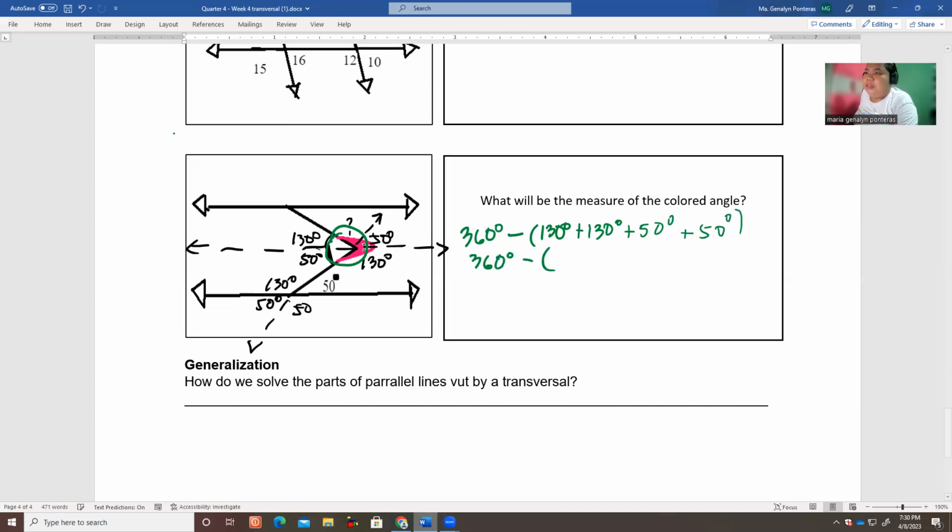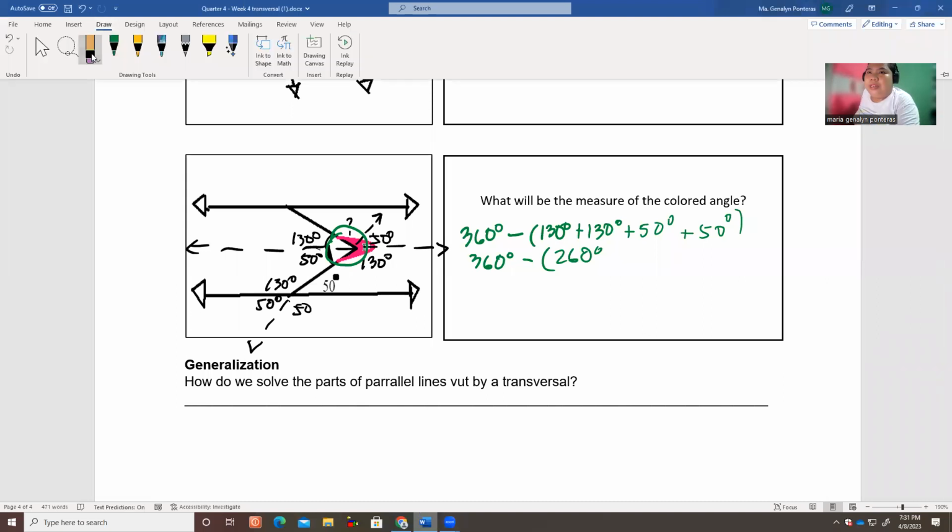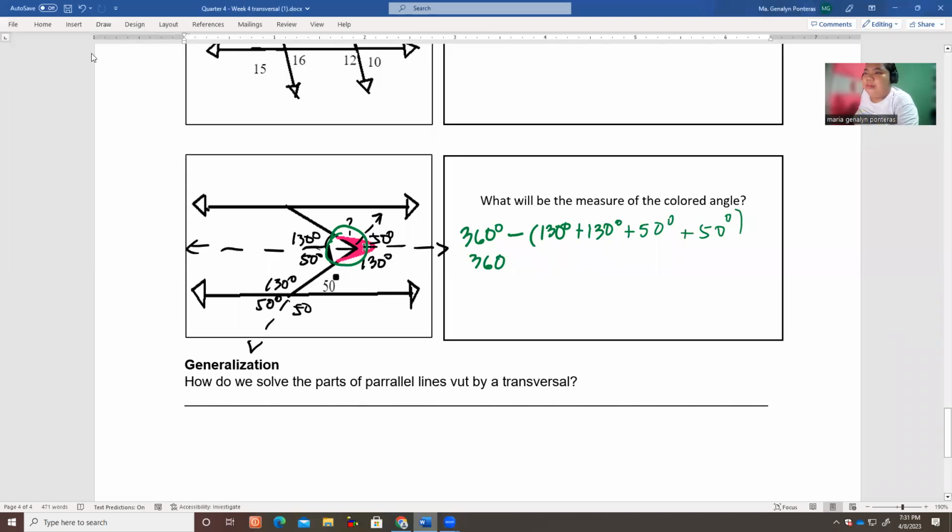360 minus 260. Wait, that would become zero. Wait, that would become zero. Let me think of another way around.